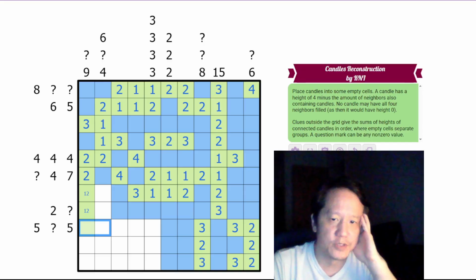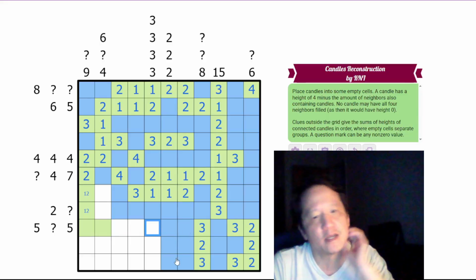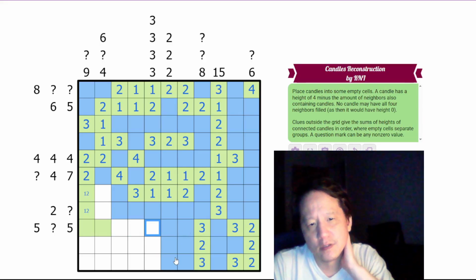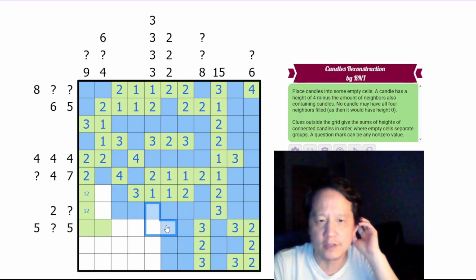This must go this way. You could potentially have all 1s, but the problem is this cannot be. This can't be 1. It has 2 unshaded. It has 2 neighbors without candles, so it would have to be at least 2.